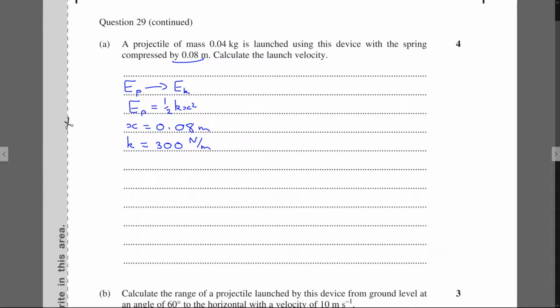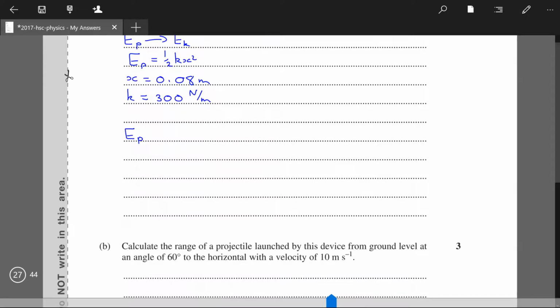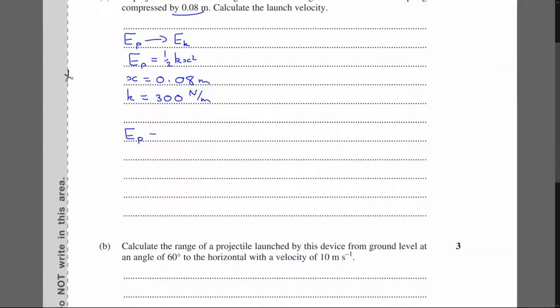So, if I plug that into my formula, I see that EP is equal to half times 300 newtons per meter times 0.08 meters squared, which if I plug that into my calculator equals 0.96 Newton meters, which is actually equivalent to joules.